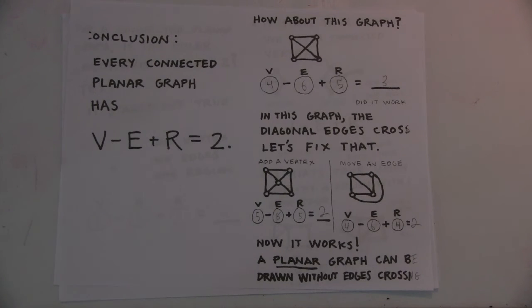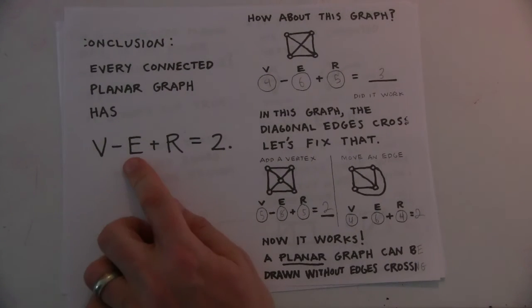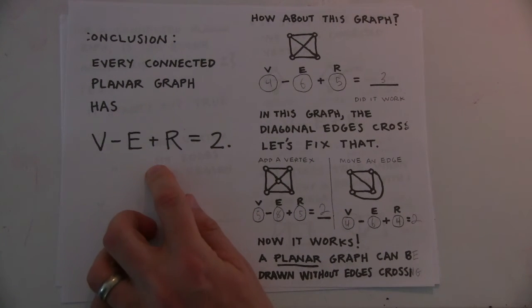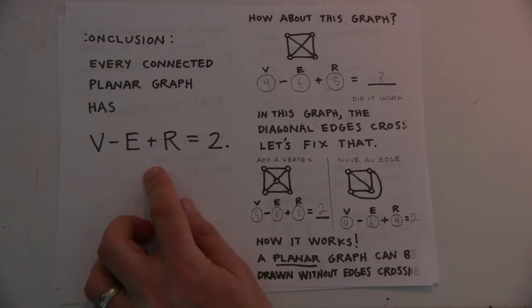Well, I think that involves having every place where edges cross be a vertex. Yeah, that's right, that's what we need, where they cross. But it must fail something. If it's true that every connected planar graph has this, and this one doesn't, it must not meet at least one of the conditions. So what condition does it not meet?